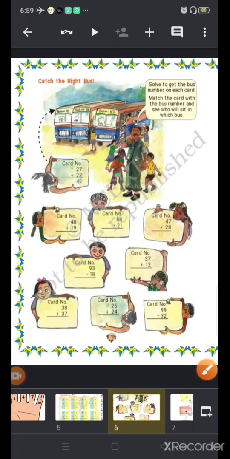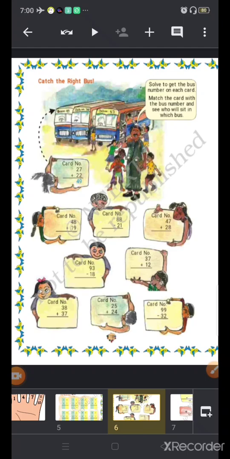This is our next page. Page number 118. What question is given on this page? Catch the right bus. In this question, we also do addition and subtraction. Solve to get the bus number on each card.